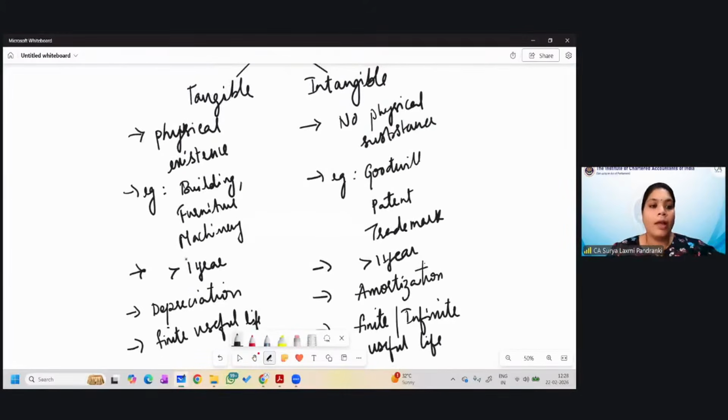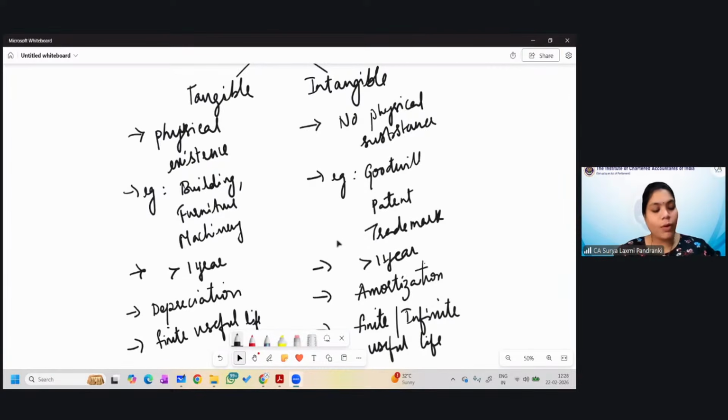Now, when you have purchased a building, you can say that this building can be used for 10 years, can be used for 15 years. This is called finite useful life. When you know that you are going to use a particular machinery or furniture or building or any intangible asset for a certain period of time, the useful life is determined, then it is called finite useful life. You know the asset useful life is 10, 15, 20, 35, whatever it is.